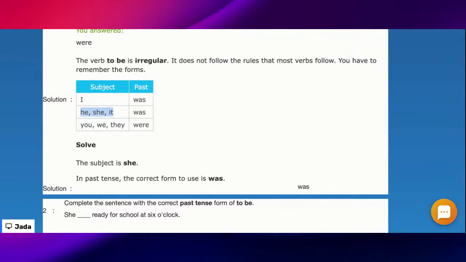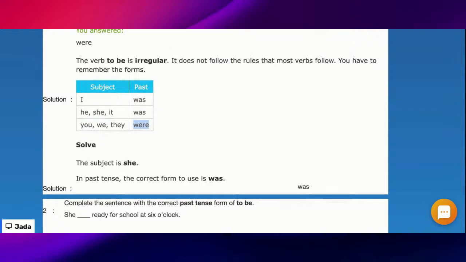Okay, so it, she, he, and I use was, and then you, we, they use were. So it's just like saying they were playing basketball yesterday. We were at the soccer game yesterday.